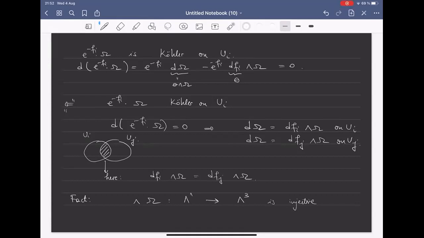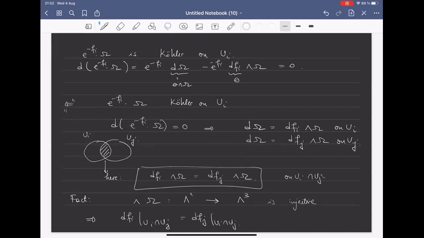This is something you have to check pointwise. It's just a matter of linear algebra since omega is non-degenerate. Therefore, we get that df_i on the overlap is equal to df_j on the overlap, because this equality was happening on the intersection between U_i and U_j.